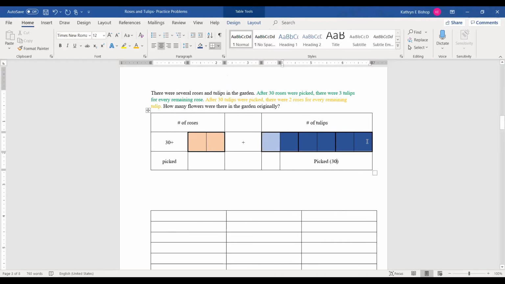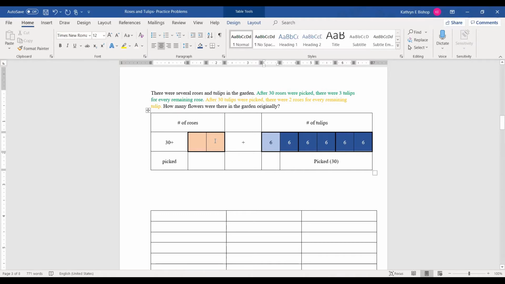And because I have 1, 2, 3, 4, 5 smaller boxes, I can say 30 divided by 5 is 6. So each smaller box should equal 6 tulips. And that will carry on outside of the picked tulips because these are all equal.